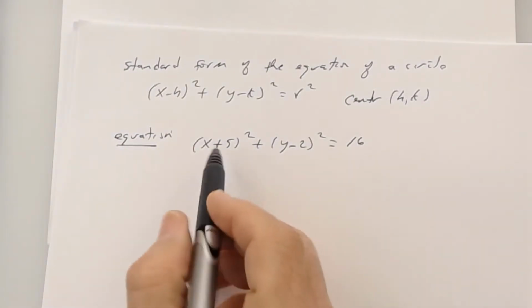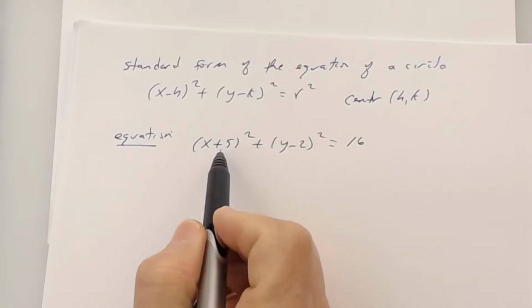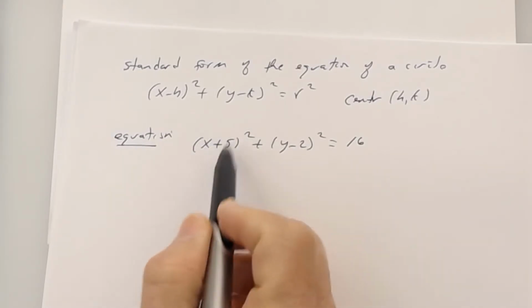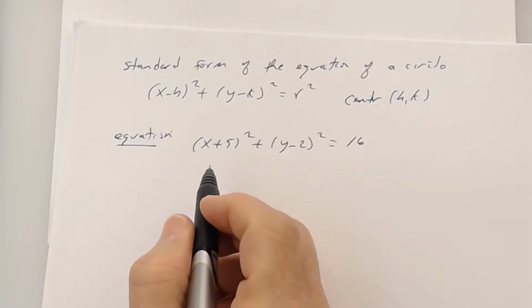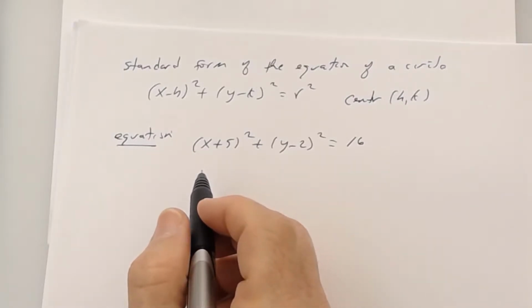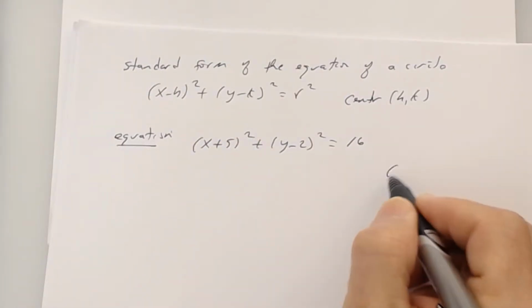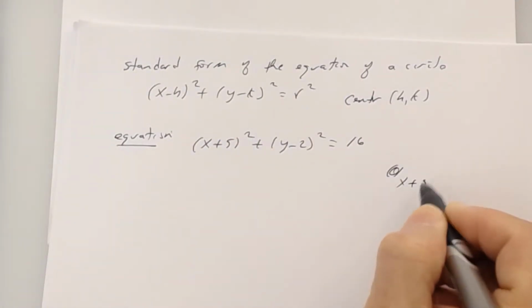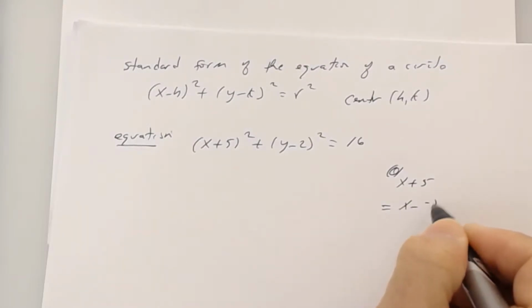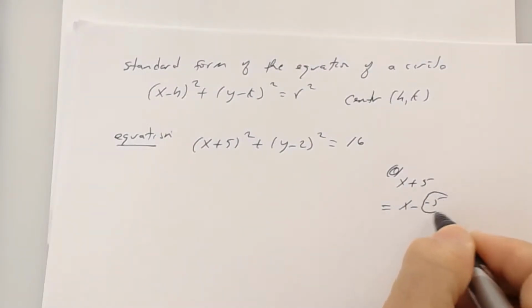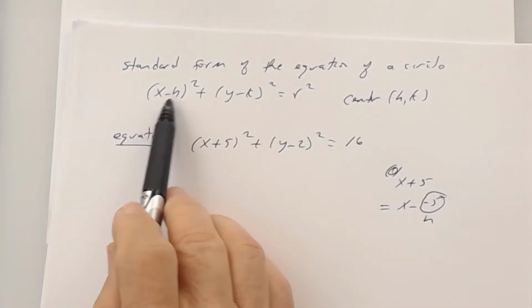So notice, though, some people seem to think that this right here is your h. It is not. It doesn't say x plus h. What does it say? X minus h. So you got to remember that this x plus 5 right here can be rewritten as x minus a negative 5. And so this is your h. Remember, x minus h.